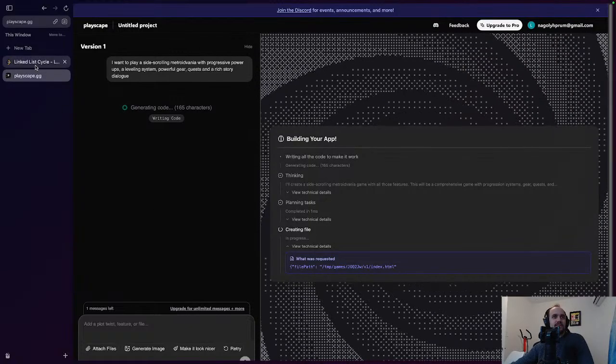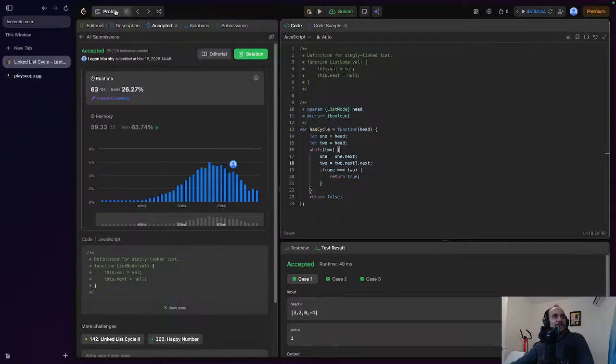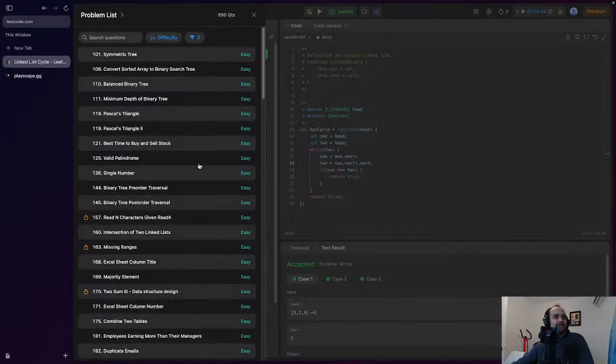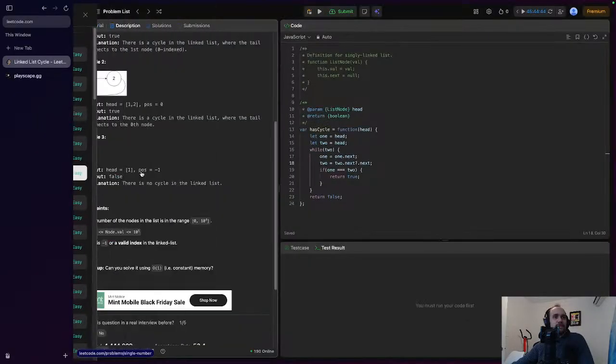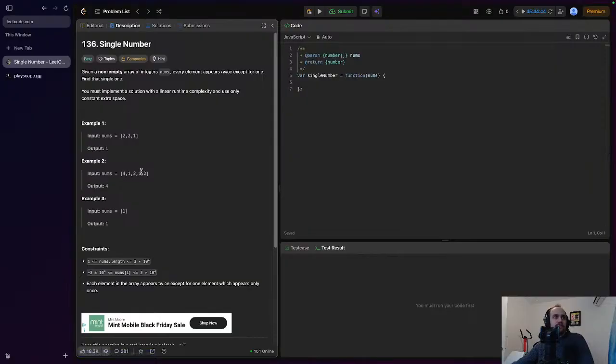Okay, well, while we're waiting, we'll do another easy problem. Let's do single number. Given a non-empty array of integers nums, every element appears twice except for one. Find that single one. You must implement a solution with linear runtime complexity and use only constant extra space.